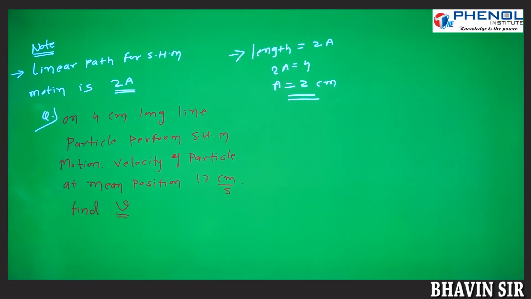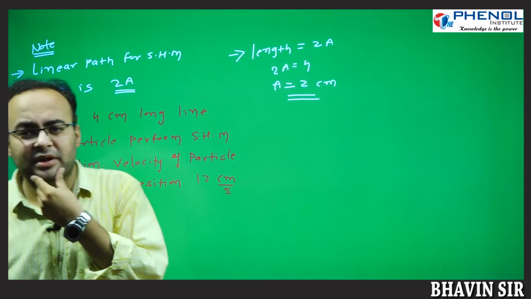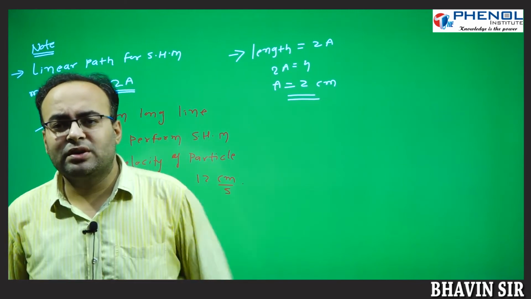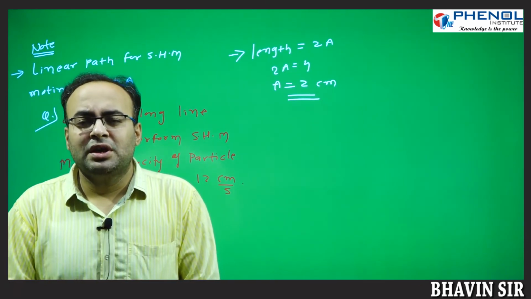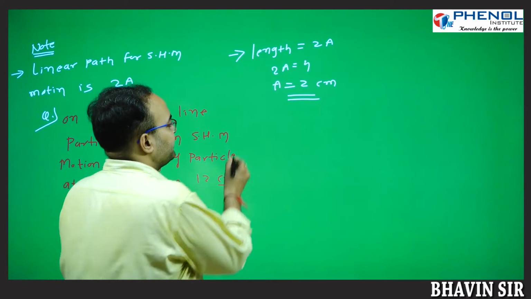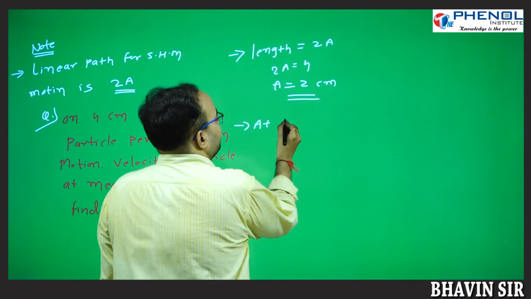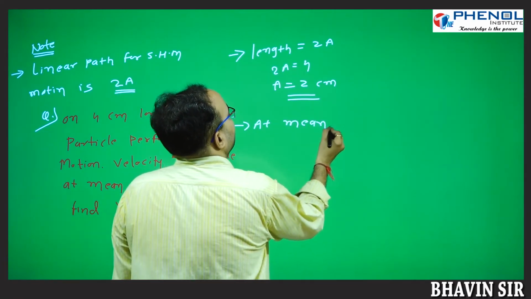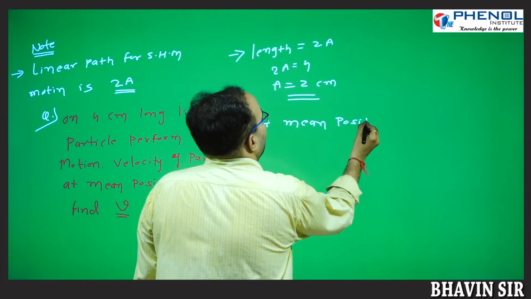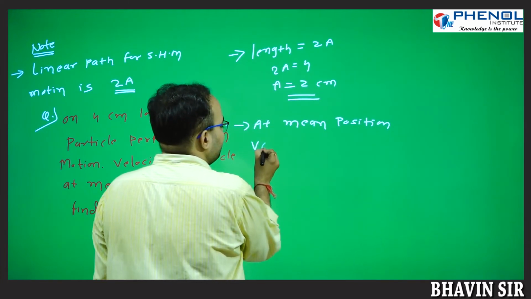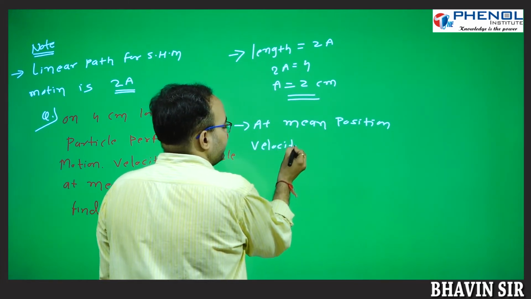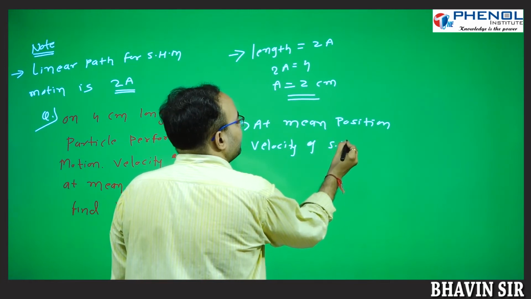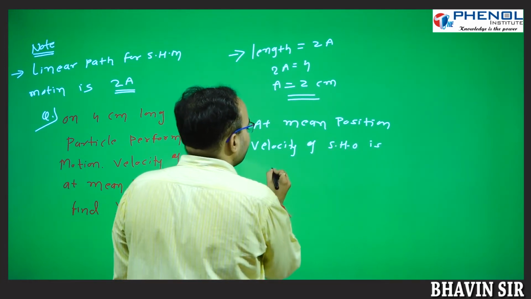Velocity of particle at mean position is 12 centimeter per second. So students, we discussed that at mean position velocity is maximum. Velocity of SHO is maximum.